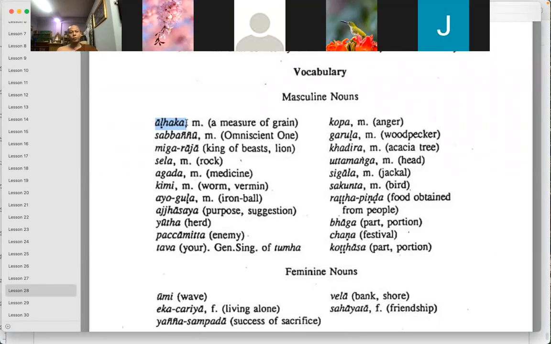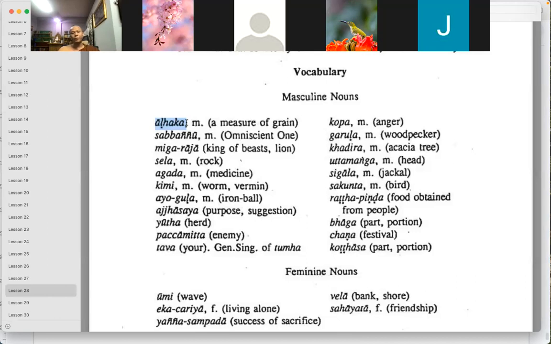So they used to measure. Even now in Myanmar or maybe in some countries, it is a measurement unit for rice grain or corn or maybe bean and so on, pea. So just rice grain, or a measure of grain.